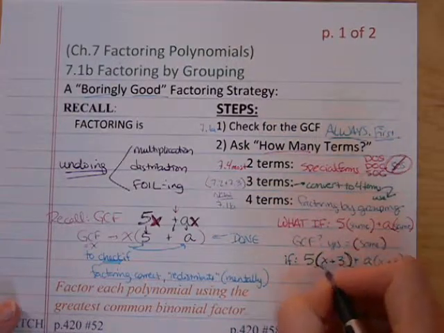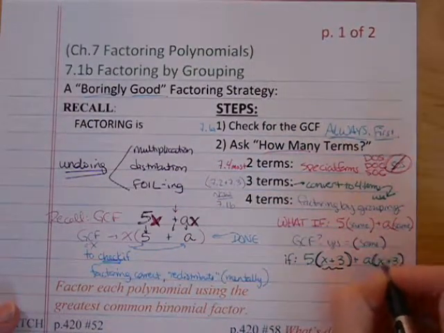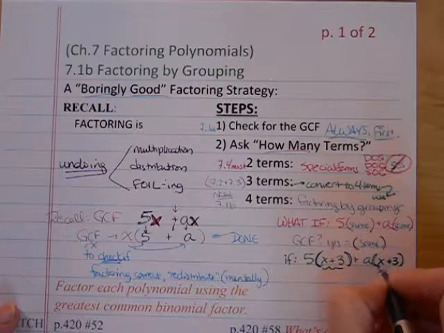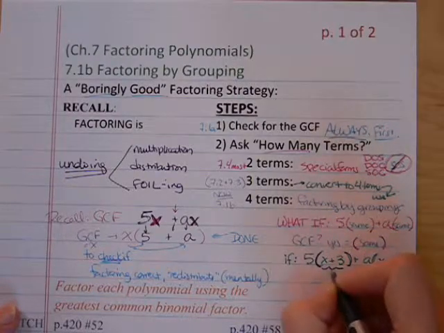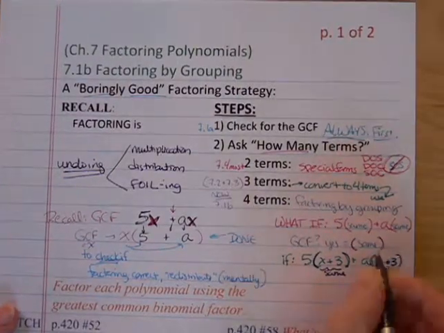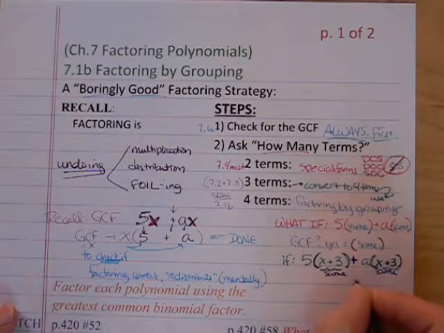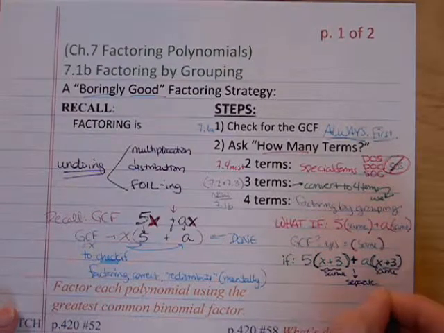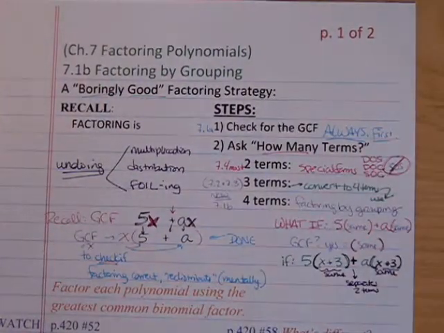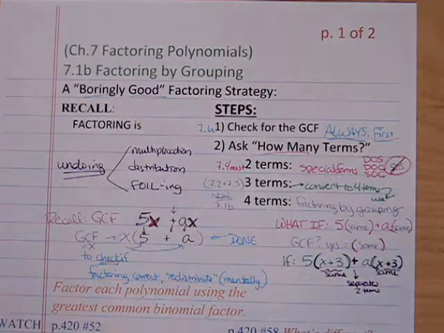This x plus 3 is the same in both, and this plus, here's where you have your two terms here, separates your two terms. I gotta make sure that my camera is catching all this. Yep, I have a little bit more space left, good.